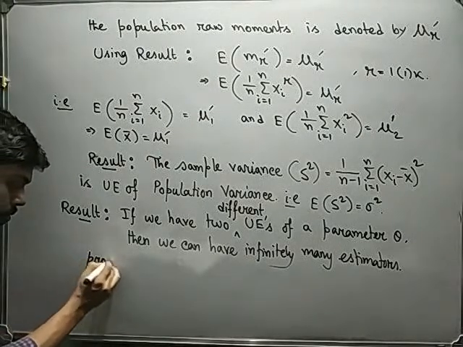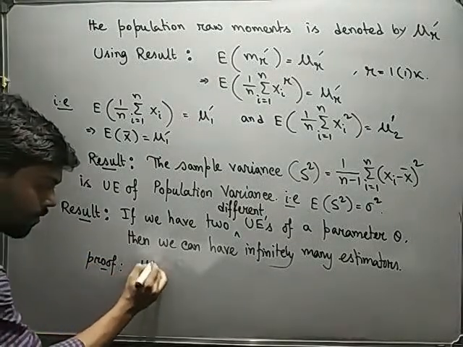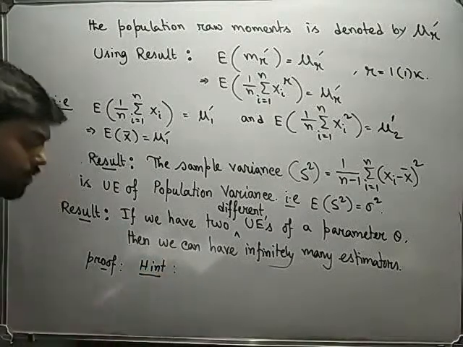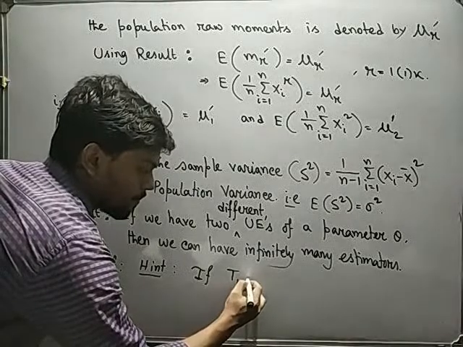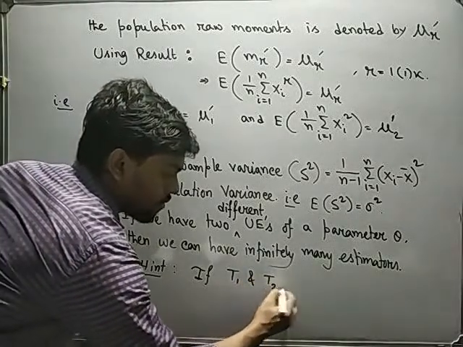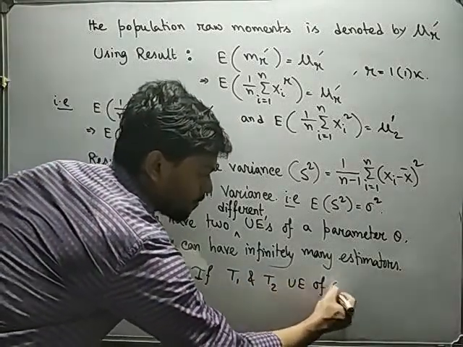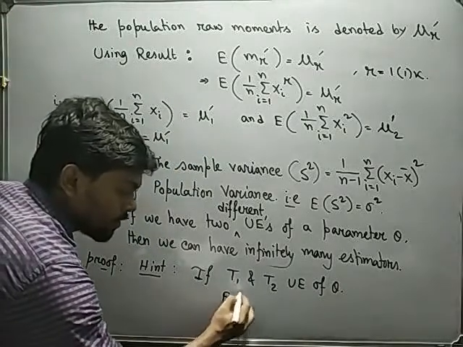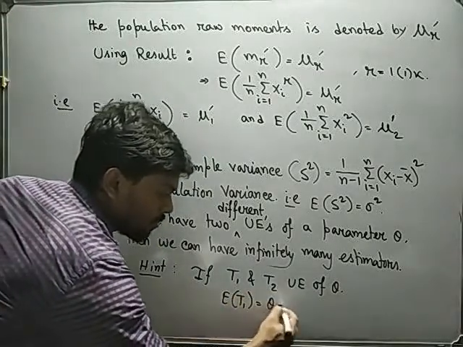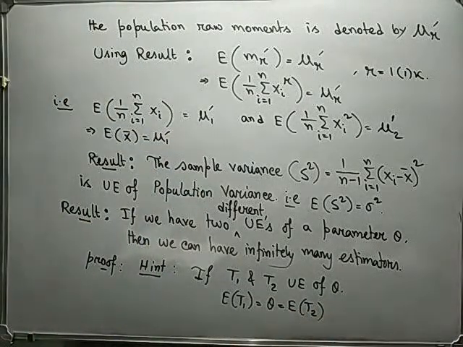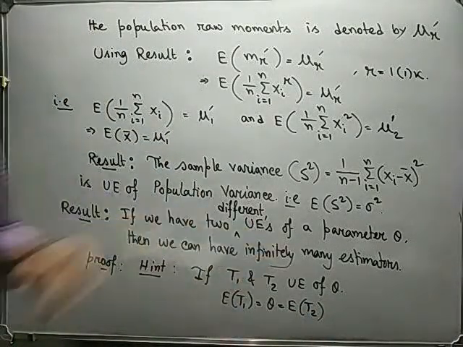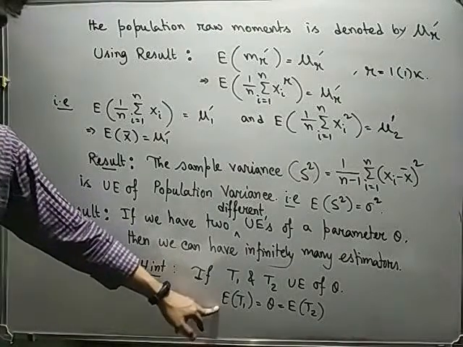Proof hint: if capital T1 and T2 are unbiased estimators of theta, then expectation of T1 will be equal to theta and expectation of T2 will also be equal to theta. So this property holds.